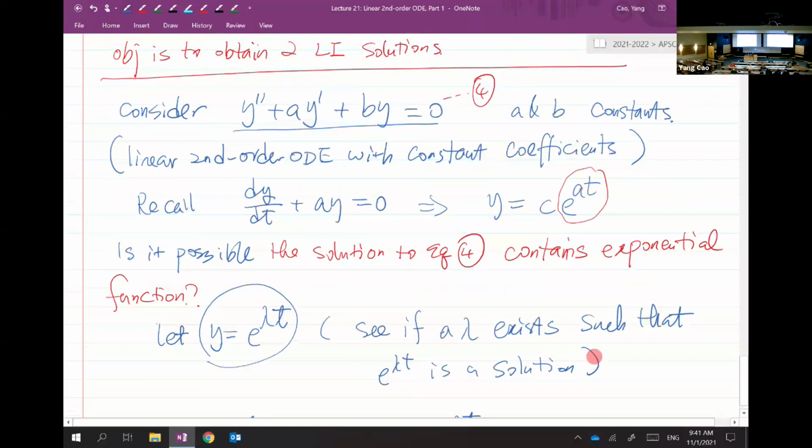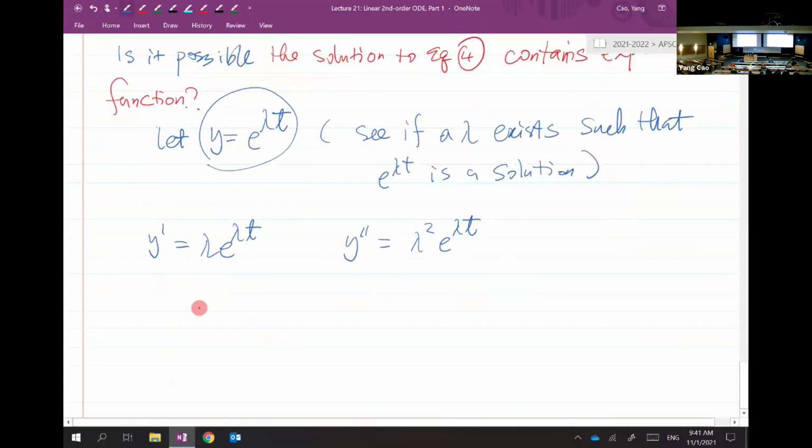Equation 4 is right here. So what do I get? I get lambda squared e to the power lambda t, this is y double prime. Then a times y prime, the second term. And the last term is b times y, so b times e to the power lambda t, equal to 0.